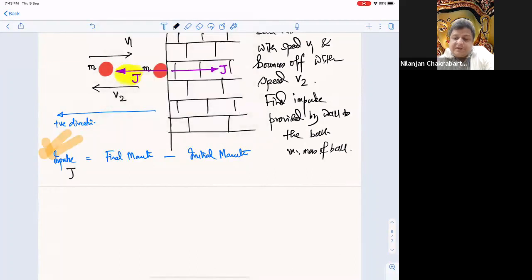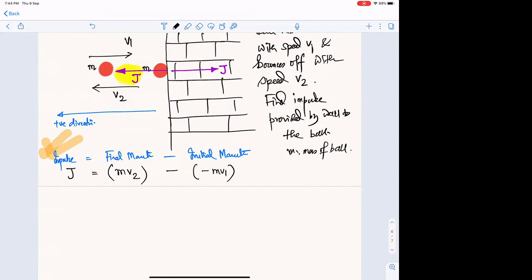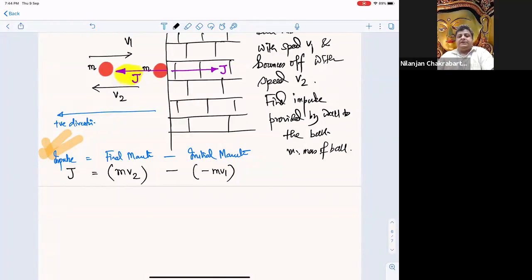So impulse J, what is the final momentum? mv2. Initial momentum, how much? Minus mv1. Why minus mv1? Because it is going in the opposite direction, and we have chosen the positive direction to the left.